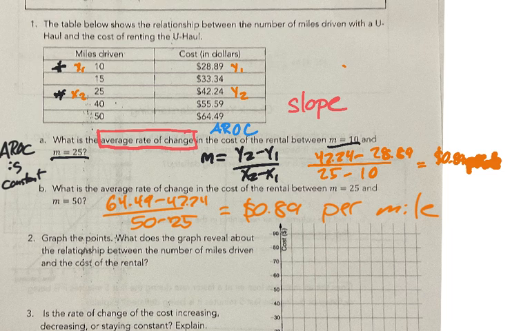Which means if I have a constant rate of change, it's a line. If I were to graph all these data points, it would make a line. Constant rates of change equals a line. Average rate of change is constant, so graph is line. Graph is linear. There we go. I'll make it sound a little bit better.